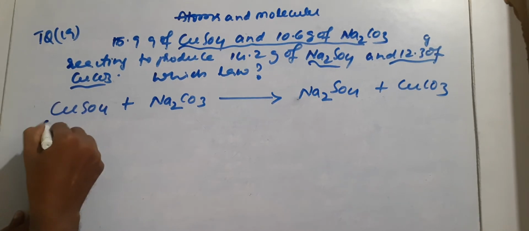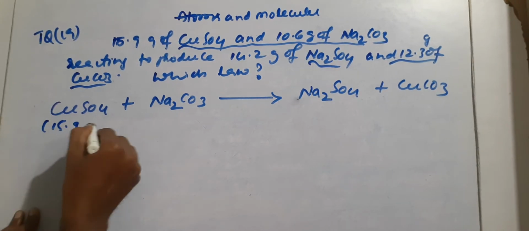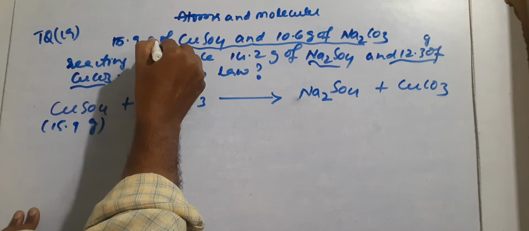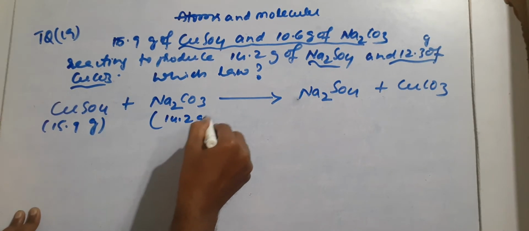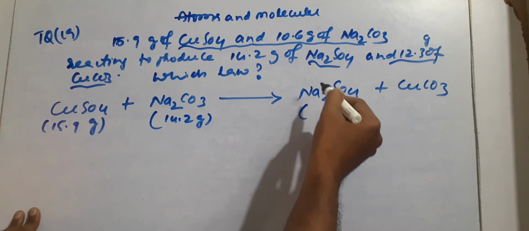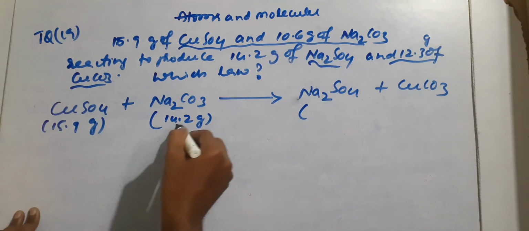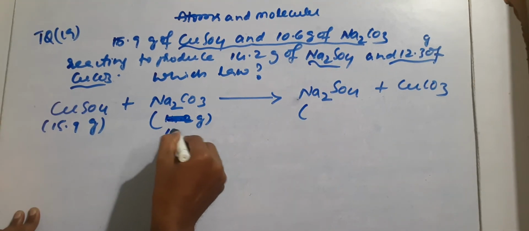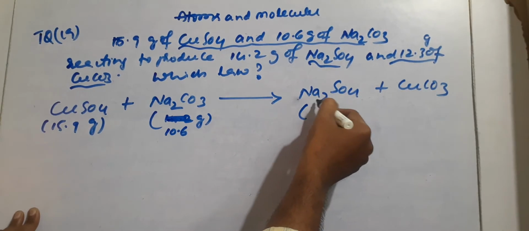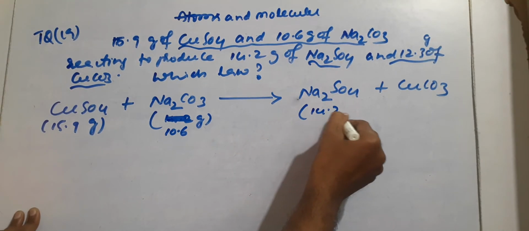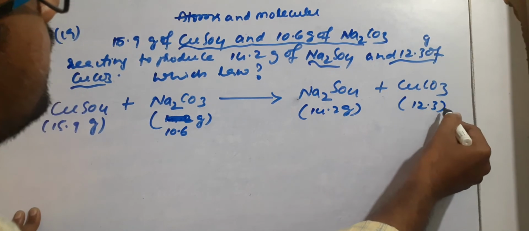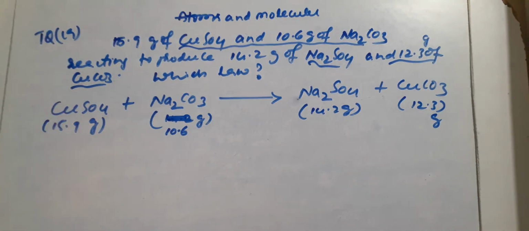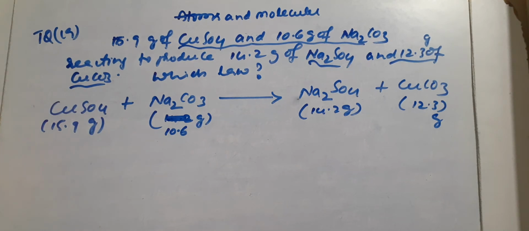Its mass is 15.9 grams, and this one is 10.6 grams, forming 14.2 grams of sodium sulfate, and this one is 12.3 grams. Now this chemical reaction is following which chemical law?